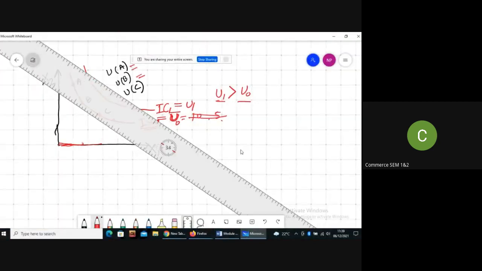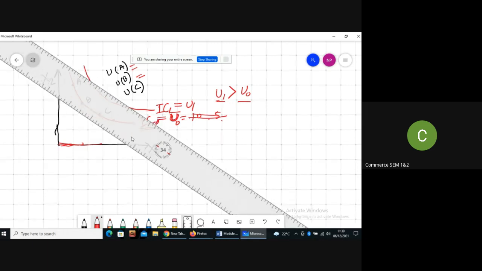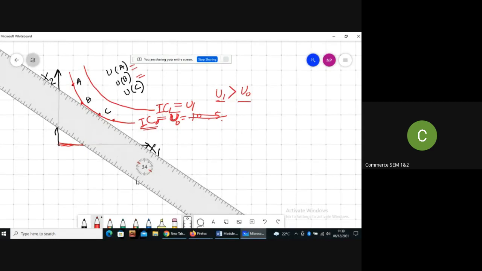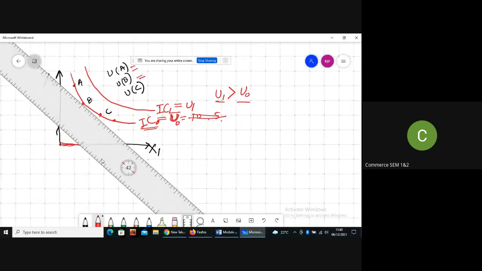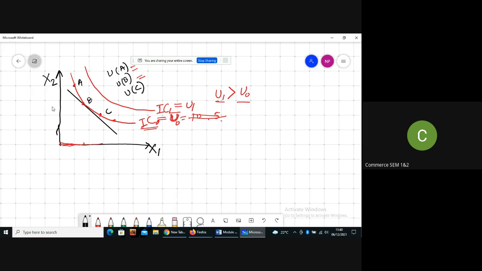To derive the slope, what we need to do, say at point B, we want to derive the slope of the indifference curve at point B, then we need to draw a tangent to this indifference curve IC0 at point B. Then we have to find out the slope of this tangent, this black line, at point B. So how do we get the slope of this tangent?